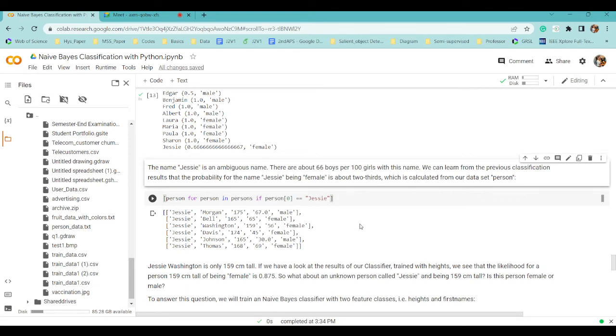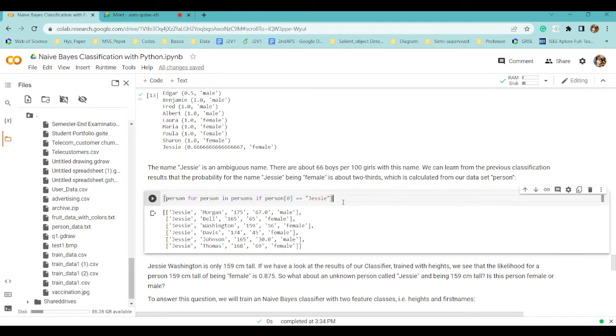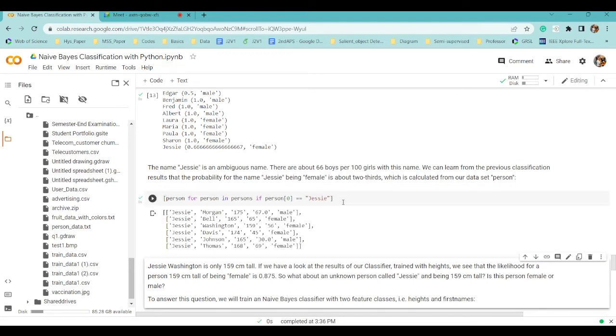So we saw that these are the first names. We have one, two, three, four, five, six Jessie names with six different surnames. So these are six different Jessies. Among them, there are four female and two male, and that is why it was giving 66% female, because the female count is higher. Now you get it.